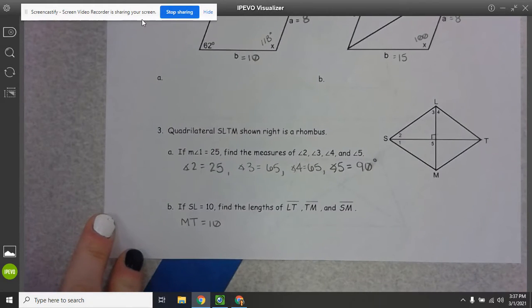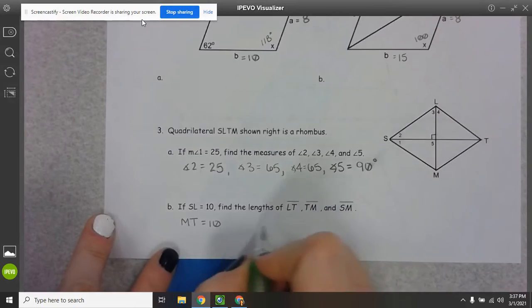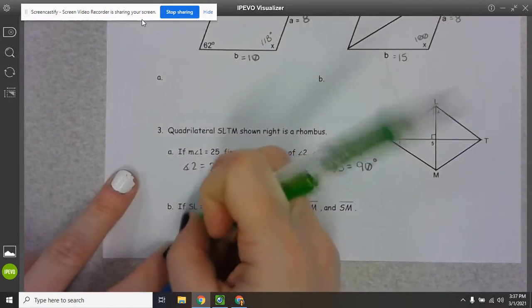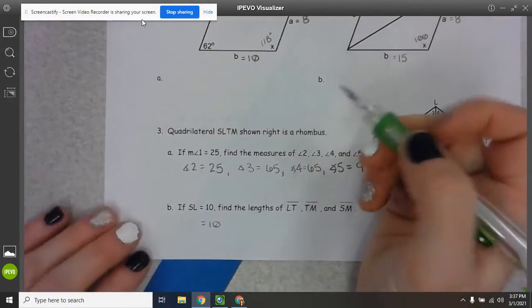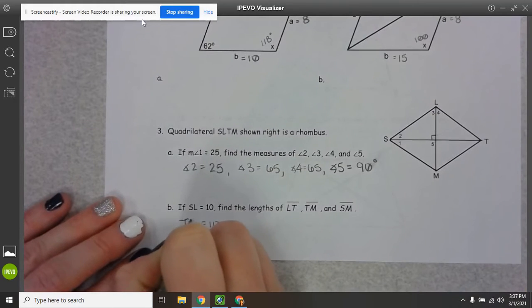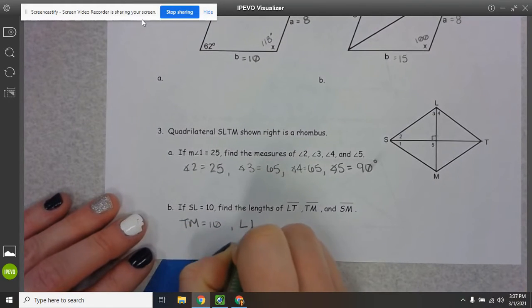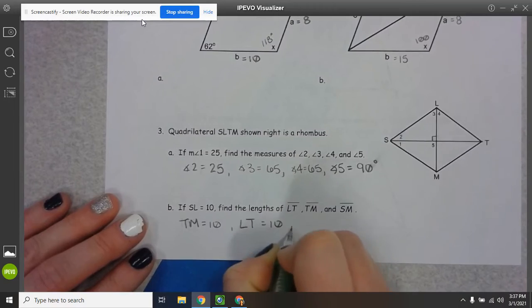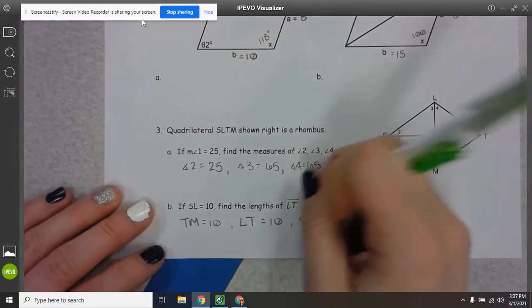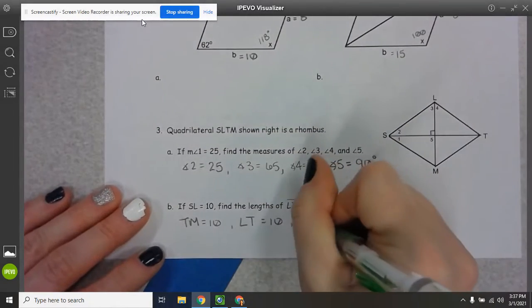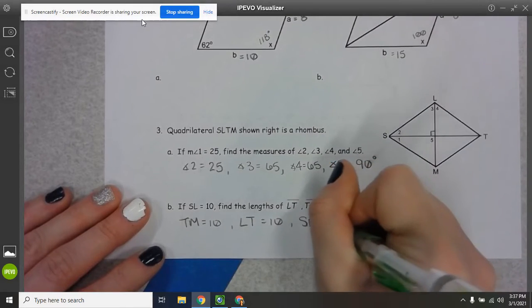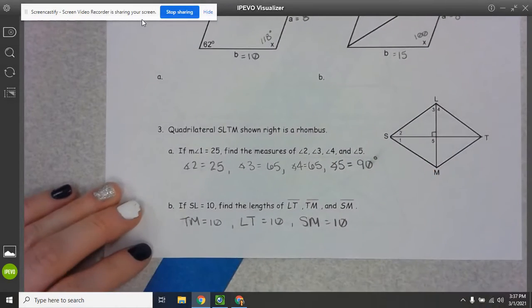But the really nice thing about a rhombus is that all of the sides are congruent. Oh, they labeled this TM, not MT. My apologies. So I know LT is also 10, and I know all the sides are 10.